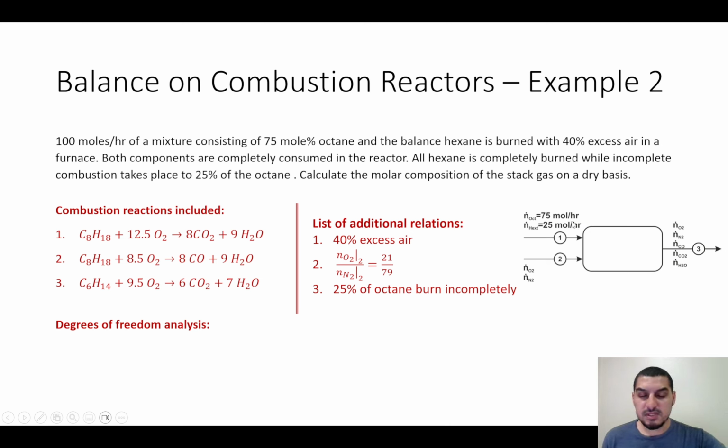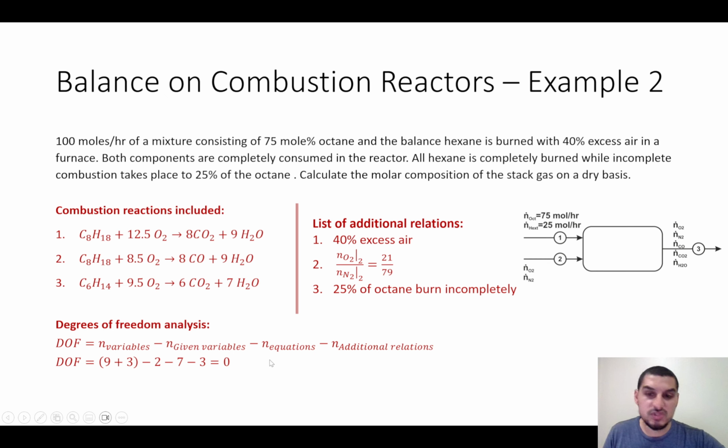The number of equations will be for octane, hexane, oxygen, nitrogen. So these are 4. Carbon monoxide, carbon dioxide, and water. So this is 7. And for the additional relations, we have 3. So this is 9 plus 3 minus 2 minus 7 minus 3, which is 0. So the system is solvable, and we can calculate the unknown variables.